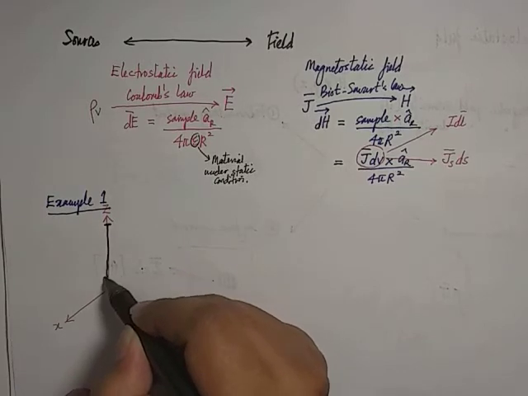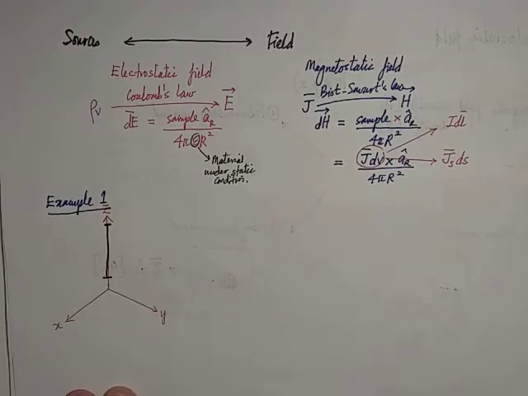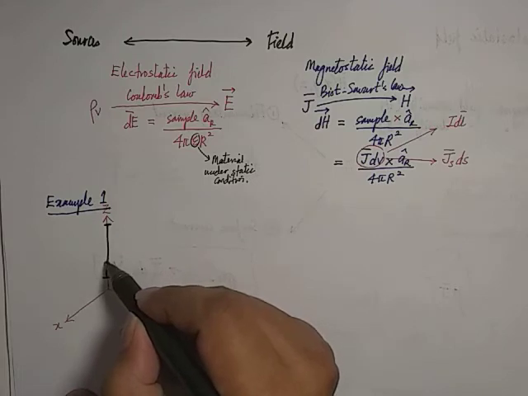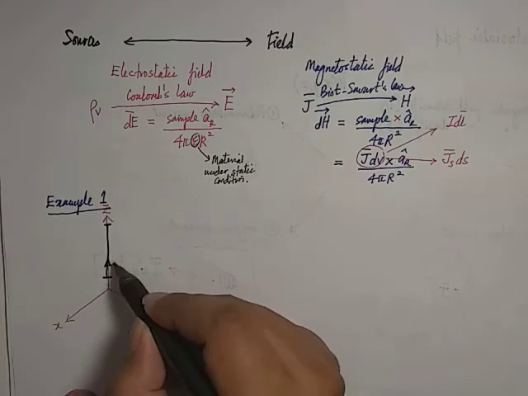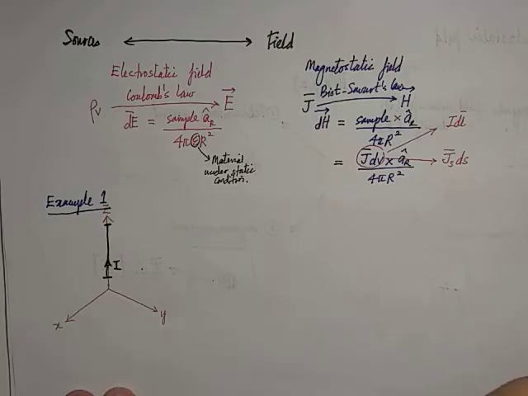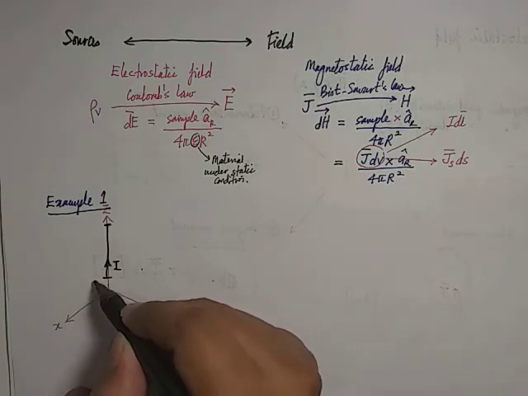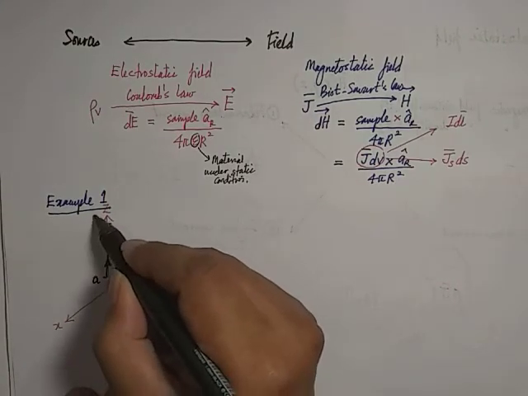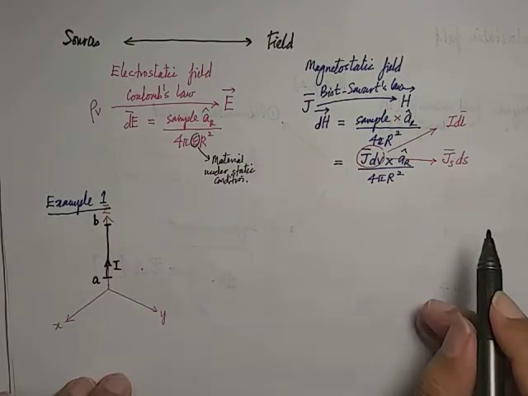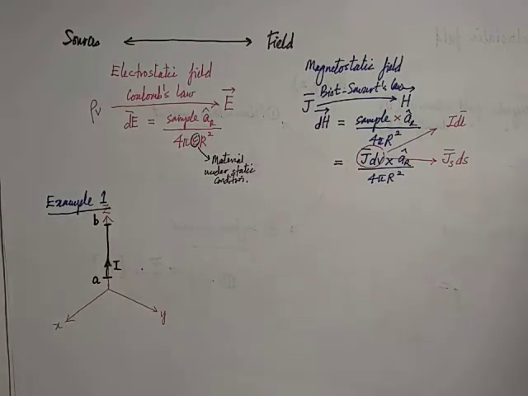So I'm going to redraw that. The only difference here is that we're going to have a current I. So I is the current flowing in the line structure, whereas in our electrostatic problem we represented that as rho L, line charge density. And what should be the limit of my line structure, from A up to B? As you can see, it is exactly the same as what we represented before in the line charge problem.